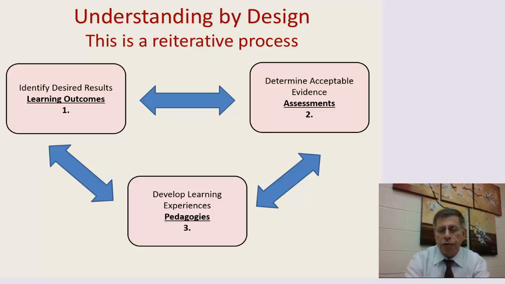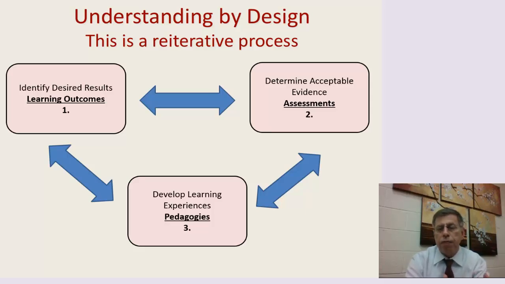We then ask the question, what is the evidence that they actually learned what we claim or what they claim they learned? And then we develop learning experiences or pedagogies that facilitate students meeting the learning outcomes and being successful on the assessments.